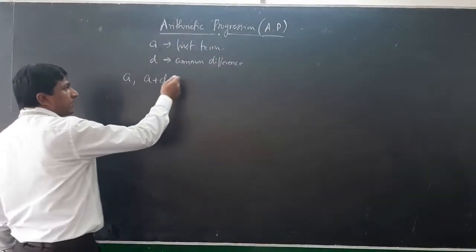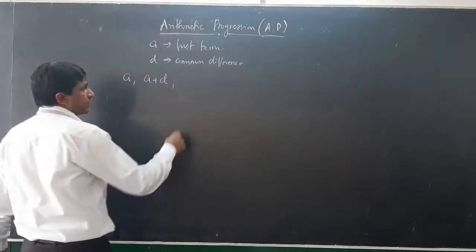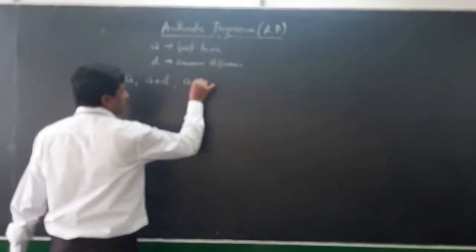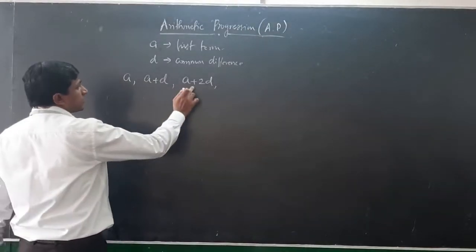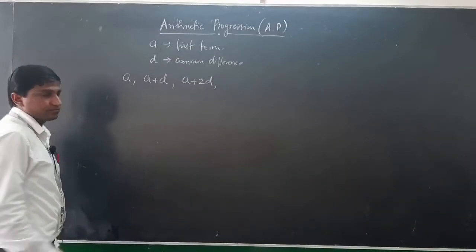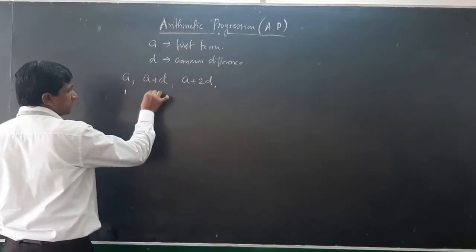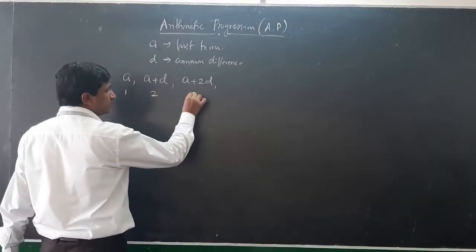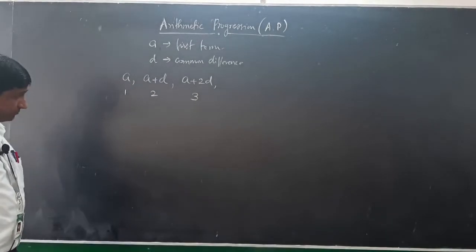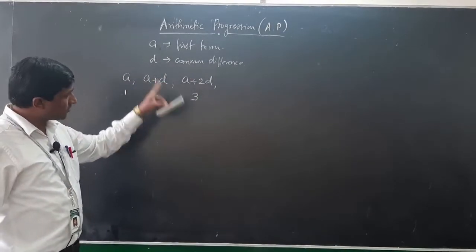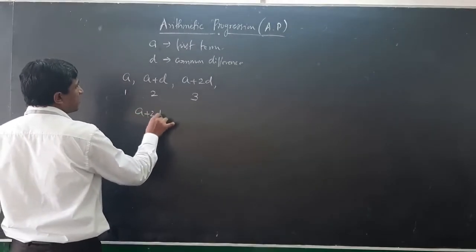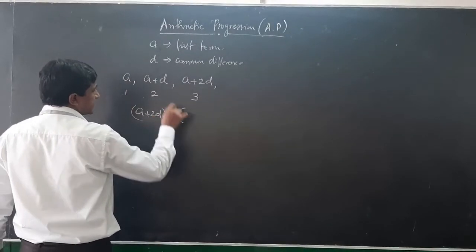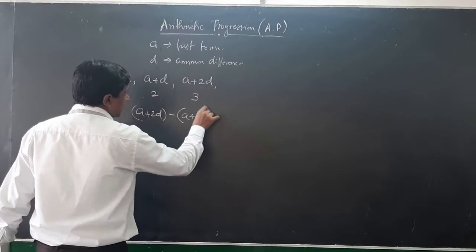Similarly, what might the third term be? It is a plus 2d, correct? Why? Third term minus second term: a plus 2d minus (a plus d).